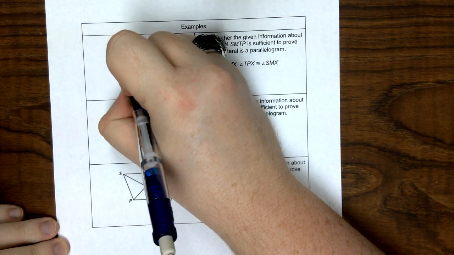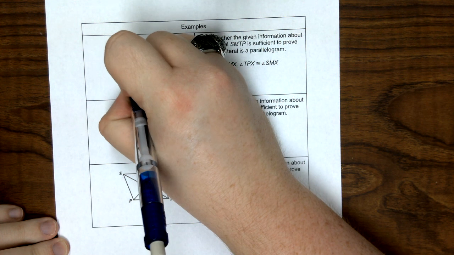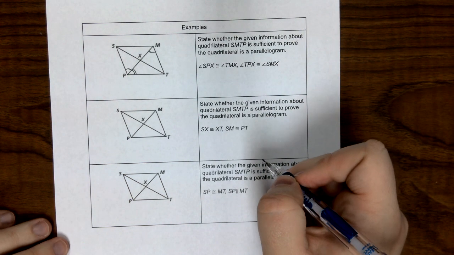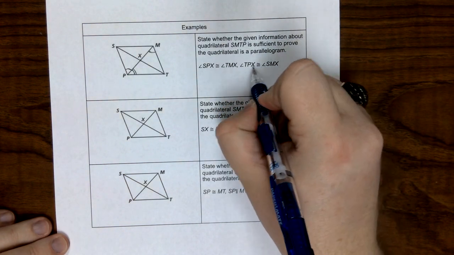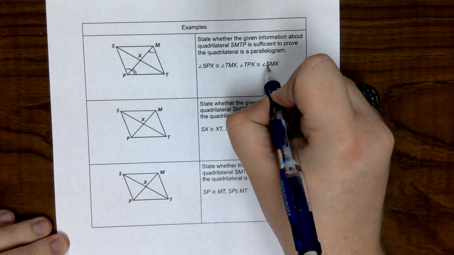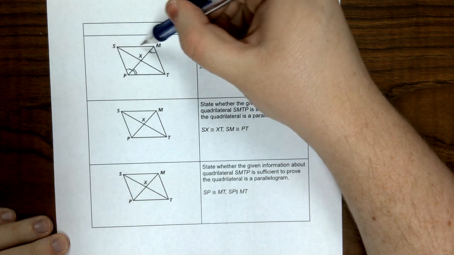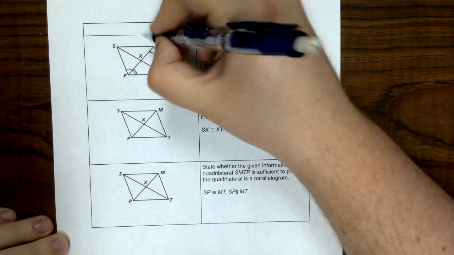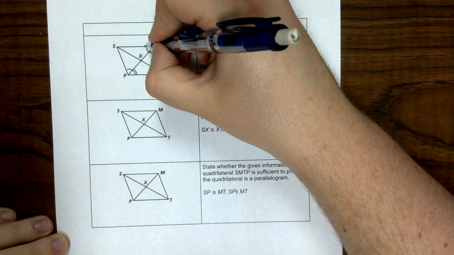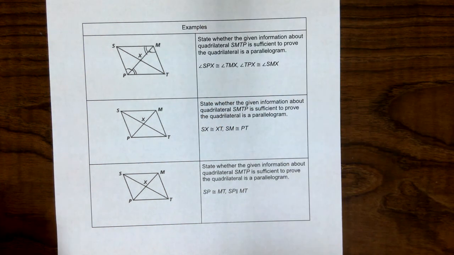I'm going to give him 2 because it's a different angle. TPX is congruent to SMX. So SMX, so that's going to be that little piece right there. Okay? That's all they gave us.